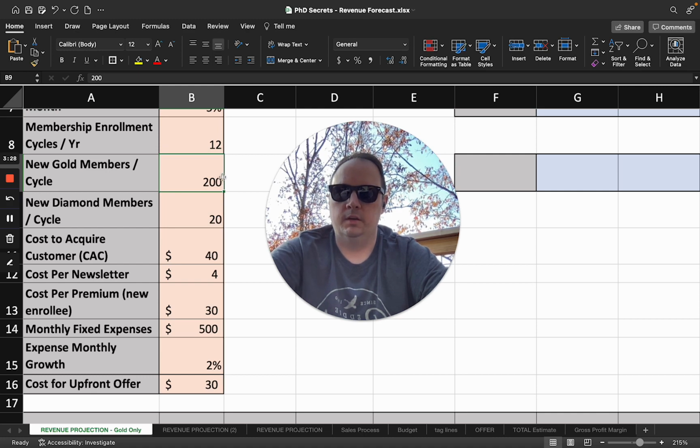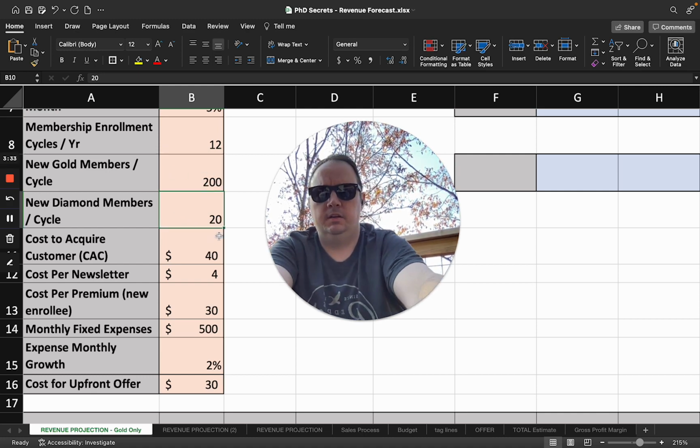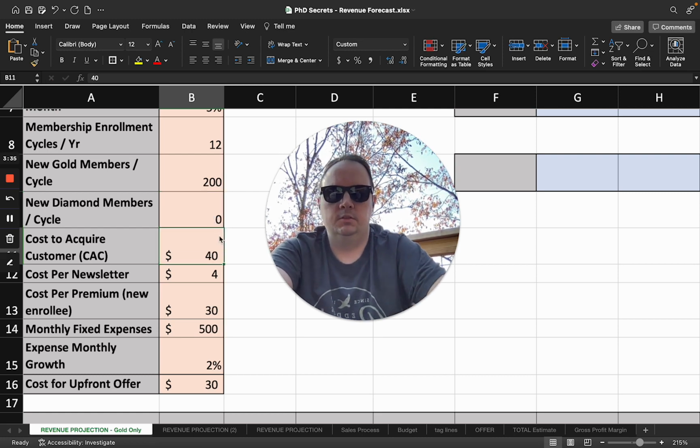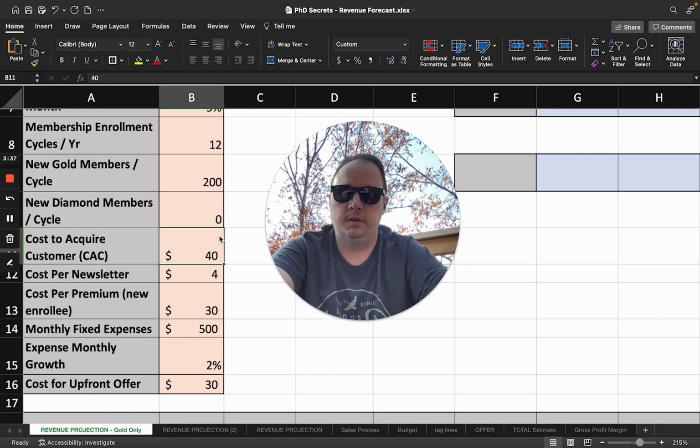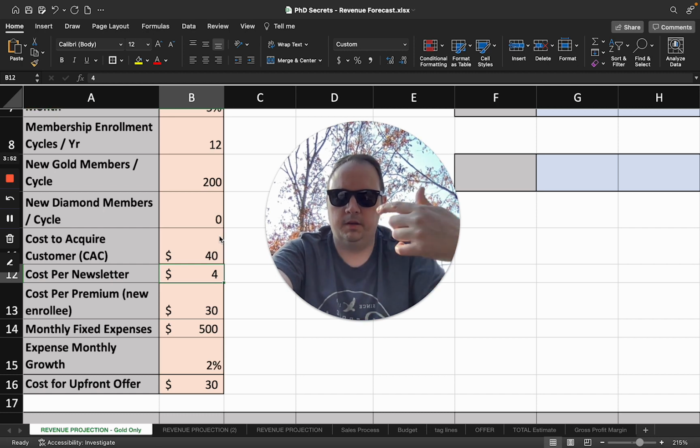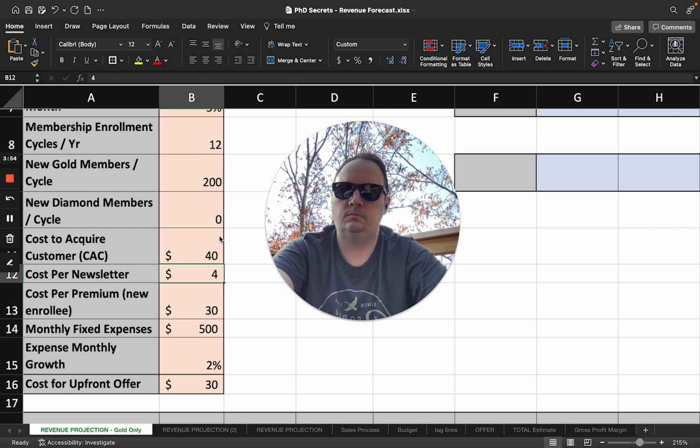For now, what we're looking at is 200 gold members. I did start to plug in diamond members, but let's just zero that out for now, just to see without getting into that additional tier, since that'll be additional work and costs that I haven't fully accounted for. Cost to acquire a customer, I'm just assuming $40 here. Cost per newsletter, $4. That's just the cost of printing and shipping out to each new member, each subscriber.